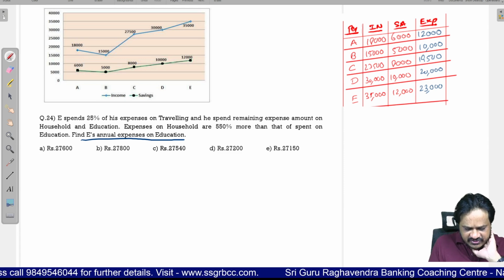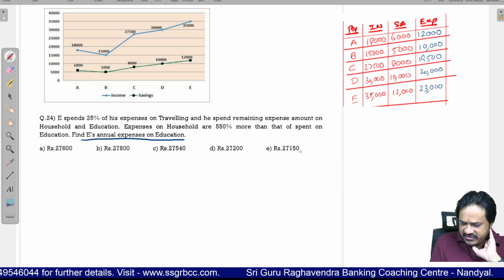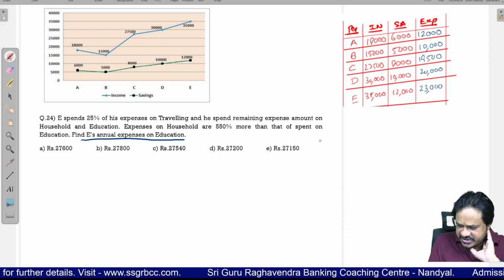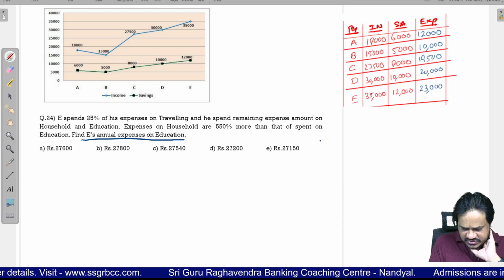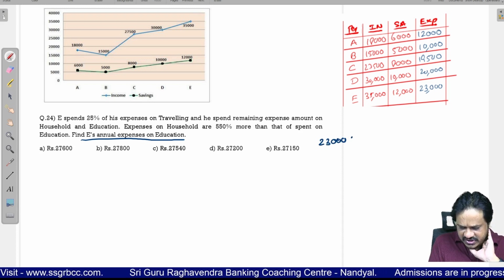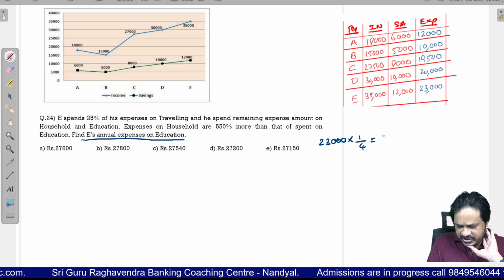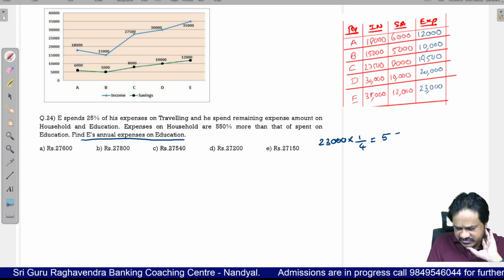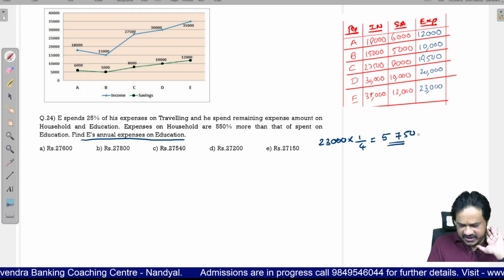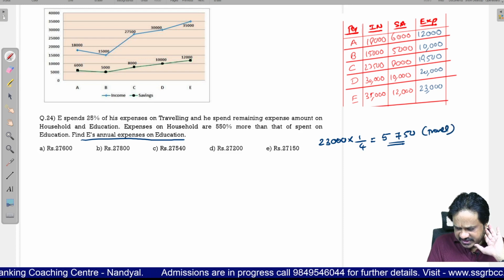E is spending 25% of his expense on traveling. So, what is E expenditure? That is 23,000. Of 23,000, he is spending 25%, that is 1 by 4. If you do the calculation, 4 5s 20, 4 7s 28, it is 5,750. This is the traveling expenditure for E.